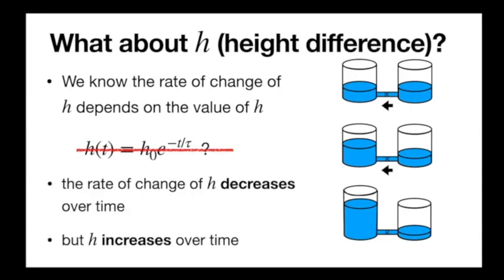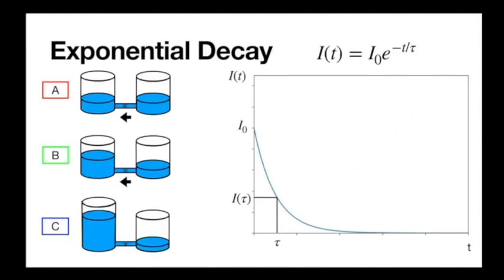So the thing that doesn't work out is that h increases over time. We want h to increase, whereas that decreases. But the thing that does still happen is that the rate of change of h decreases over time. So in the graph we just saw for current, I'll pull it back up, we don't want this downward sloping, but we do want it to start steep and then get more shallow.